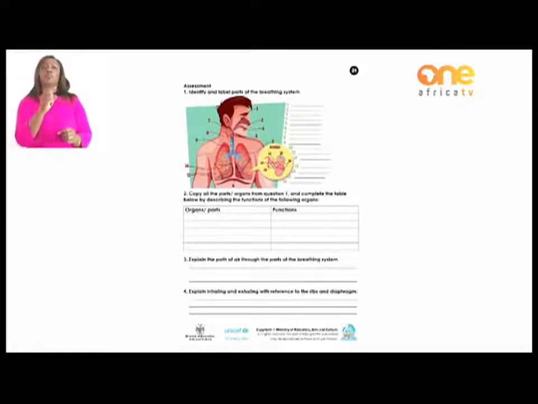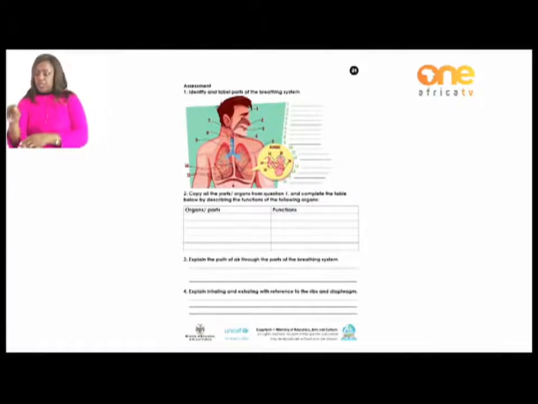Question 2, copy all the parts or organs from question 1 and complete the table below by describing the function of the following organs. Let's not do all of them, but only look at a few. We are only going to look at the nasal cavity, lungs, diaphragm, nose, and the mouth.